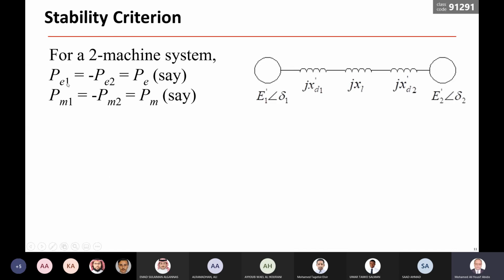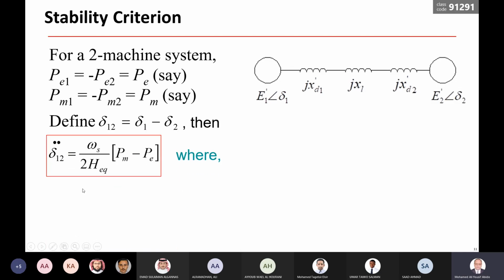So for the two machine system, PE1 equals minus PE2, let us call it PE. P mechanical 1 equals minus P mechanical 2, equal to PM. So delta 12 equals delta 1 minus delta 2. When we take the difference here, delta double dot equals P mechanical minus P electrical.